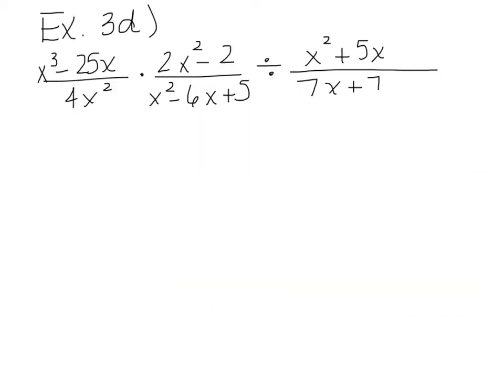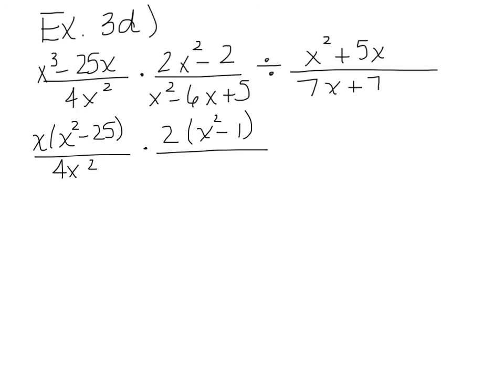Okay, this last example, I'm going to do multiplication and division together so you can see how that looks. So for the first two fractions, I'm going to go ahead and factor. I'm going to do it by GCF with my numerators. Then my denominator, I'm just going to factor this trinomial. With the division, I'm going to do keep, change, flip. So change is the multiplication, and flip this fraction.